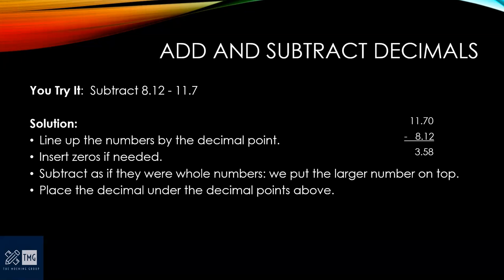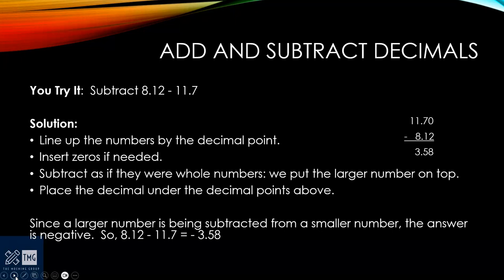But we know that 11.7 is bigger than 8.12. And because the larger number is being subtracted in our original problem, the answer has to be negative. So the difference between them is 3.58, but because 11.7, the larger number, is being subtracted, you see the minus sign in front of it, our final answer is negative 3.58.